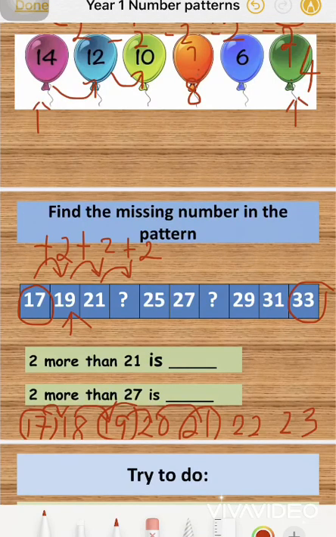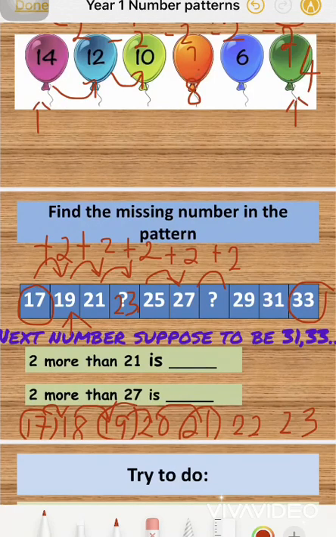So 21 plus 2 is 23. Right? So how to get 27? You need to plus 2, plus another 2. 27 plus 2 is 29.